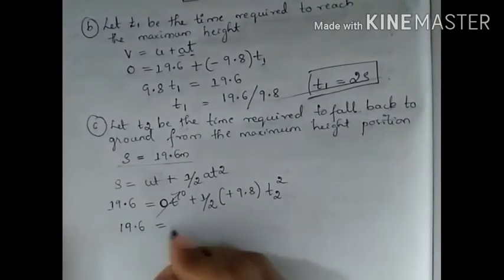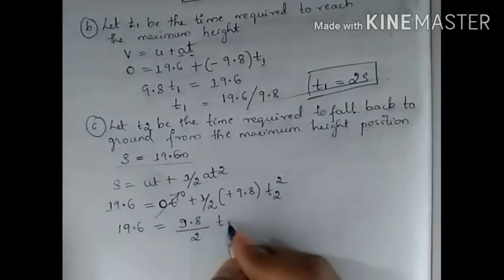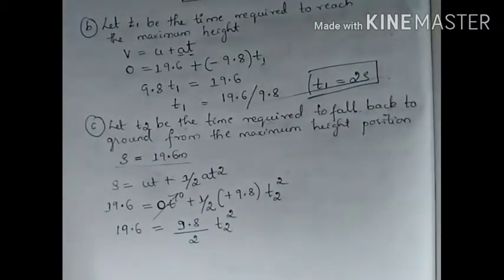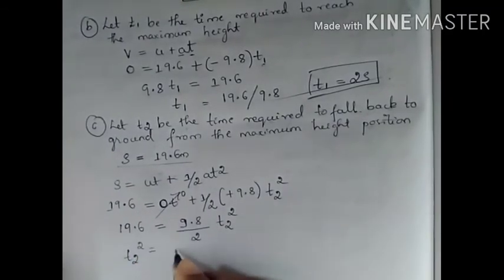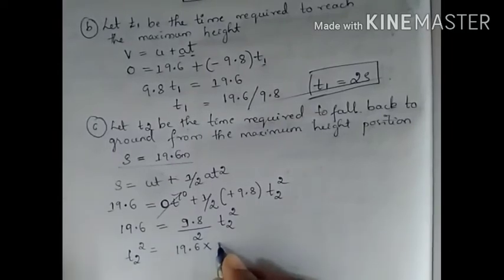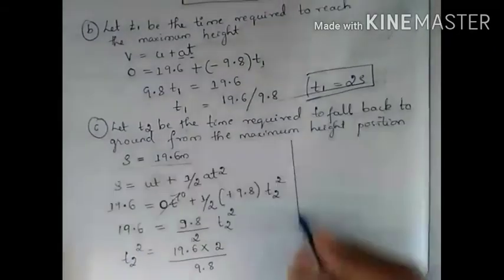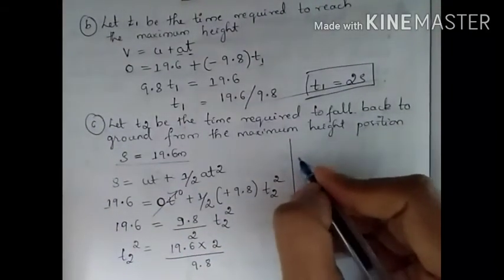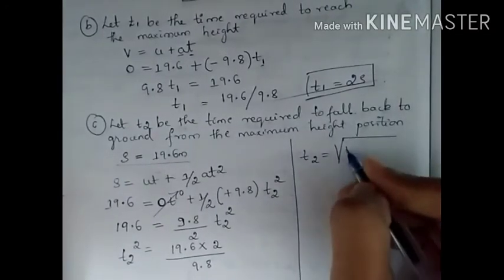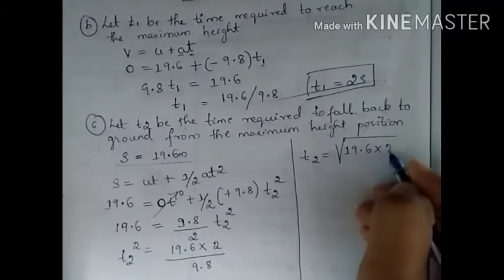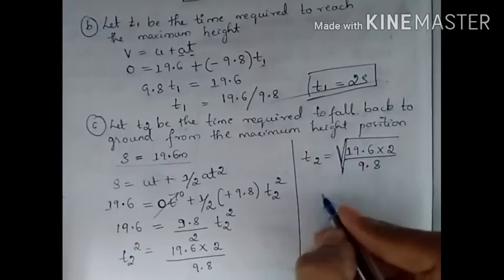19.6 is equals to 9.8 divided by 2 t2 square. So now if you write for t2 square, that will be equals to 19.6 multiplied by 2 divided by 9.8. So t2 can be written as root of 19.6 multiplied by 2 divided by 9.8.